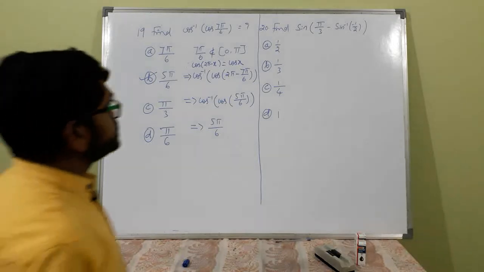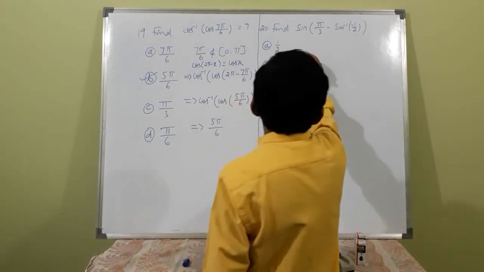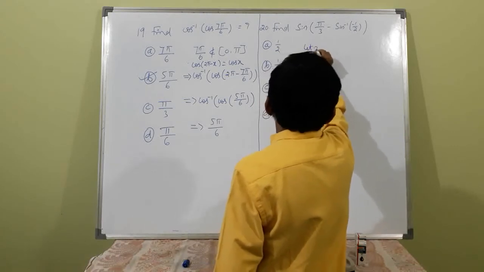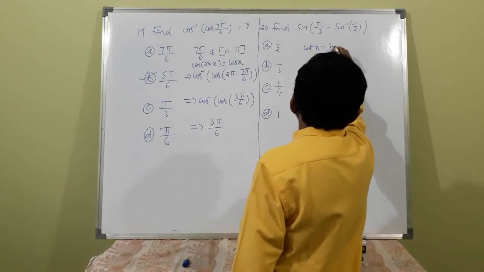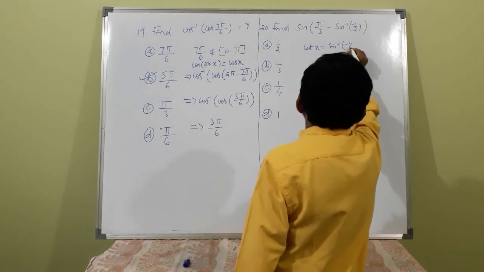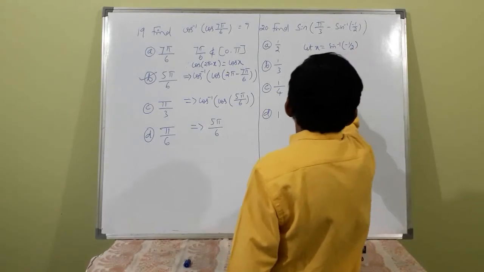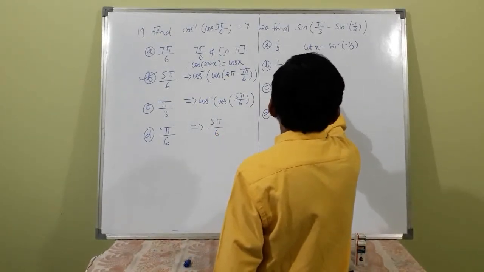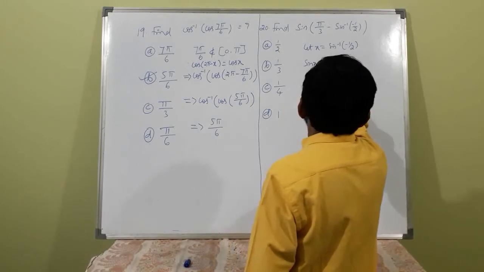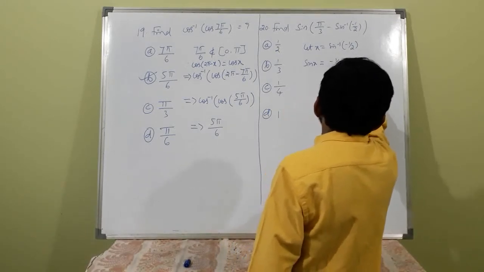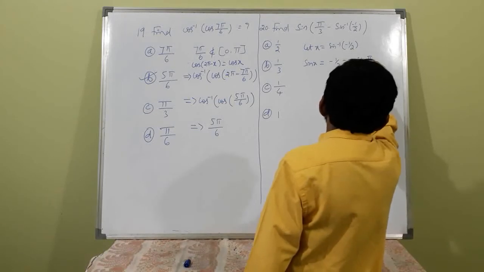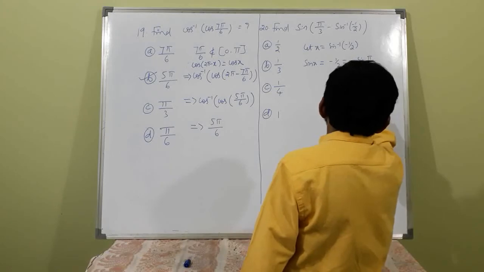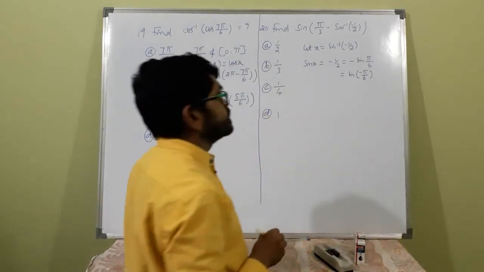Sin of, this is simpler than this. Let x be equal to sin inverse of minus 1 by 2, that is sin x is equal to minus half, this is minus sin 30, or sin of minus 5 by 6.